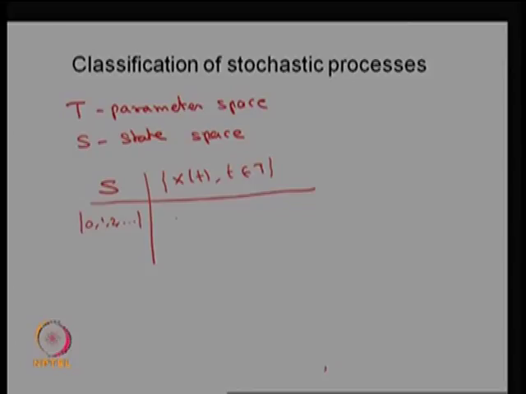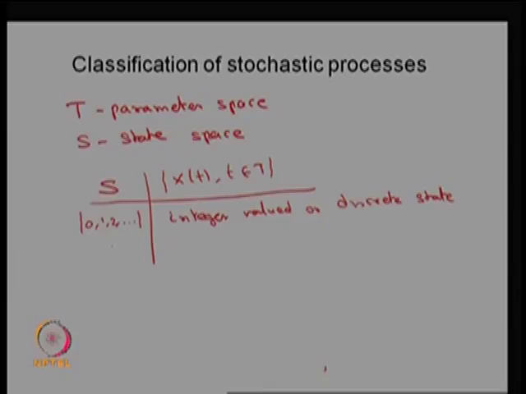Then the corresponding stochastic process is going to be called an integer valued stochastic process, or we can call it a discrete state stochastic process. So whenever the possible values of S are countably finite or countably infinite, then we say it is an integer valued stochastic process or a discrete state stochastic process.